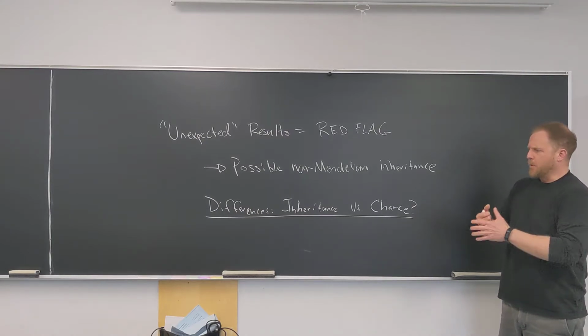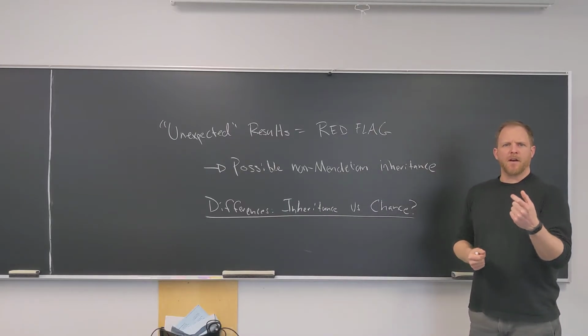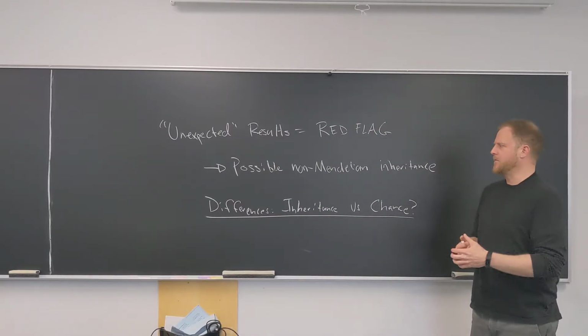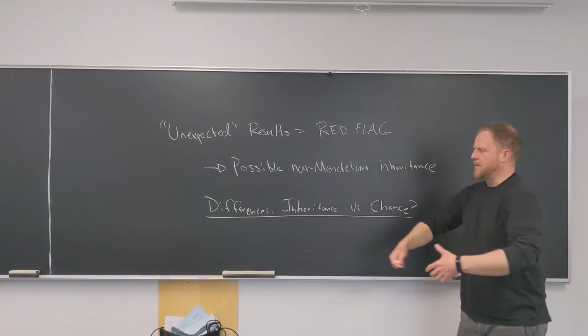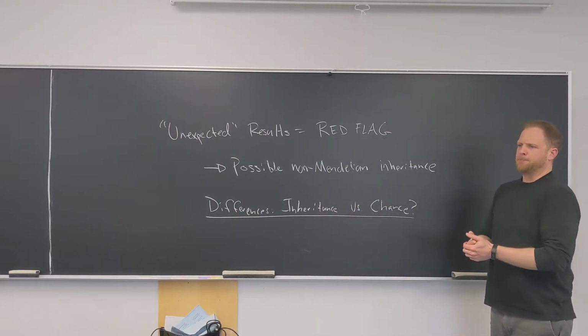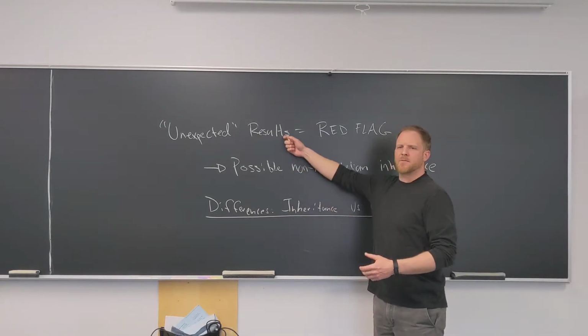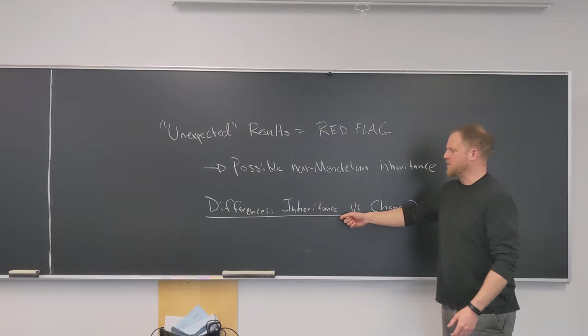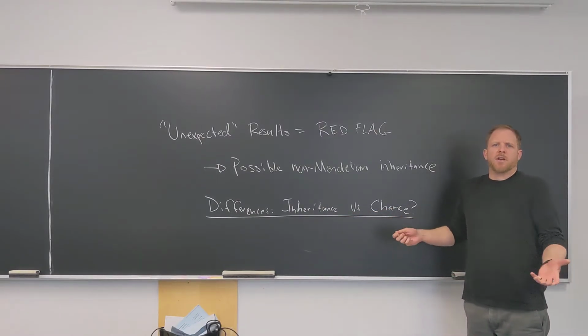Okay? So we want to dive into that in a little bit more depth and give it some mathematical, quantitative rigor. One of the things that drives this test is the question of whether these differences, these unexpected results, are actually due to some sort of non-Mendelian inheritance, or if this is really just due to chance.